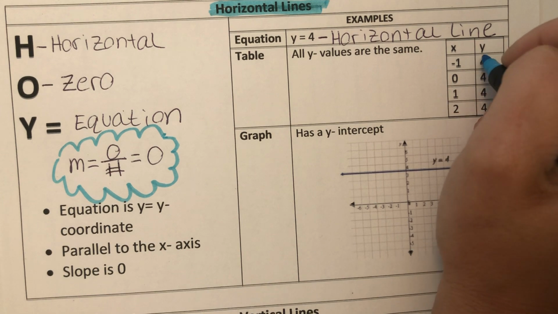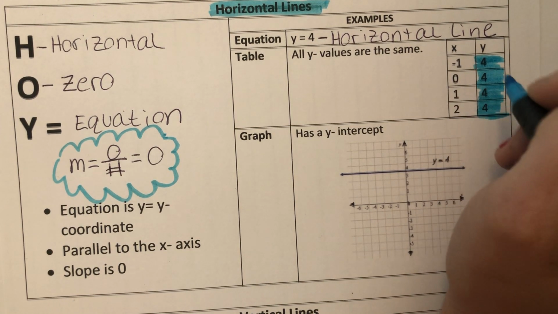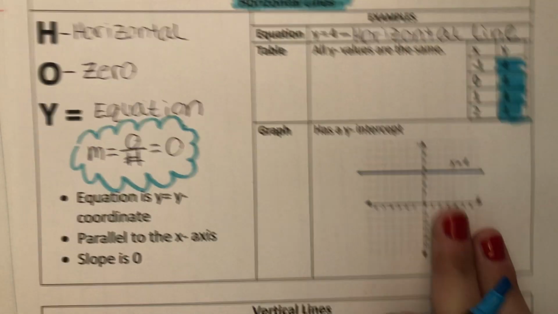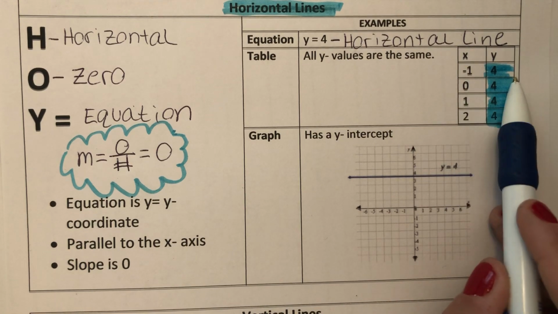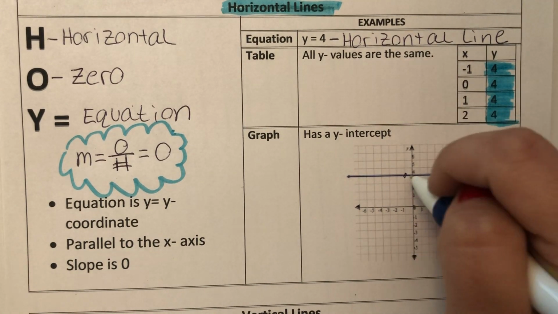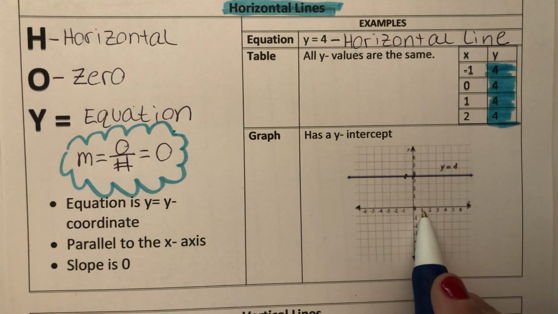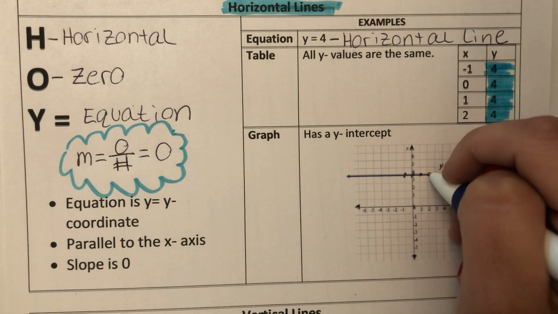They're all the same. That is because there is no vertical change. There is only horizontal change. And we can see that in our graph. So on our graph here, we've graphed these points, -1, 4, 0, 4, over to 1, up to 4, and over to 2, up to 4, and we connected them.